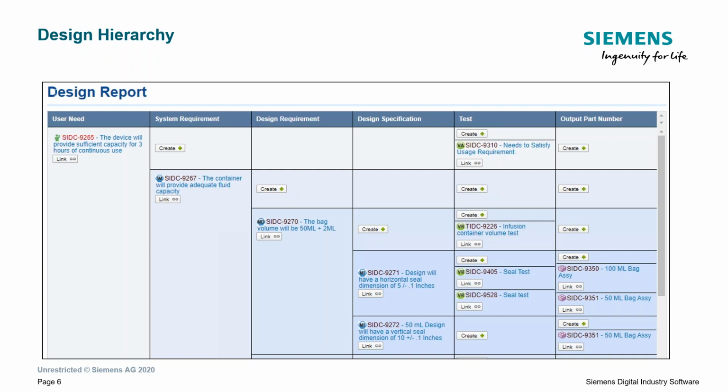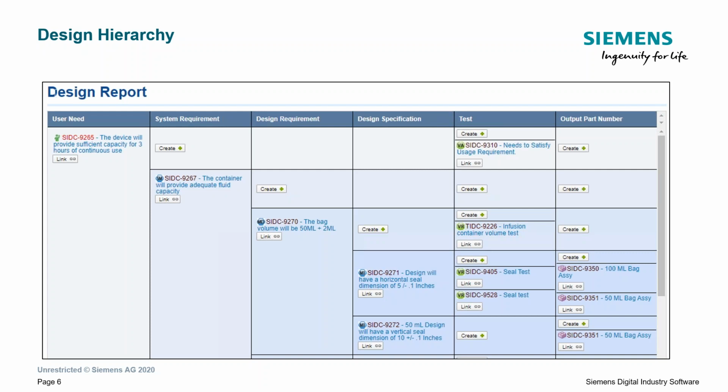This is one, a V model construction where we start with the FDA's 1998 guidance. We start with user needs and we decompose that into system design requirements, and then finally design specifications. And those design specifications then become critical to quality characteristics that are consumed in our manufacturing processes.